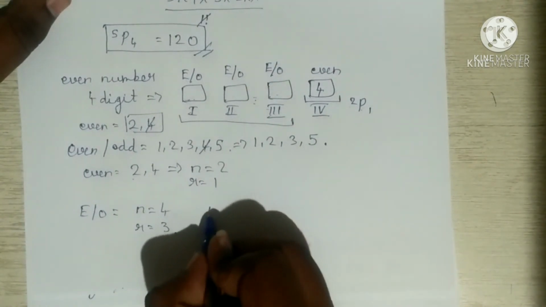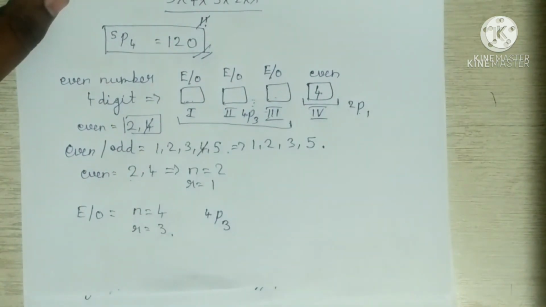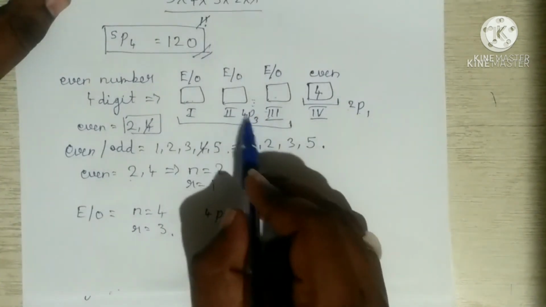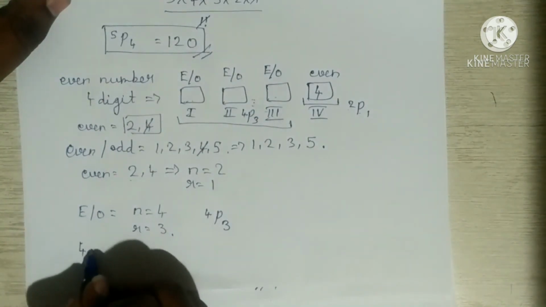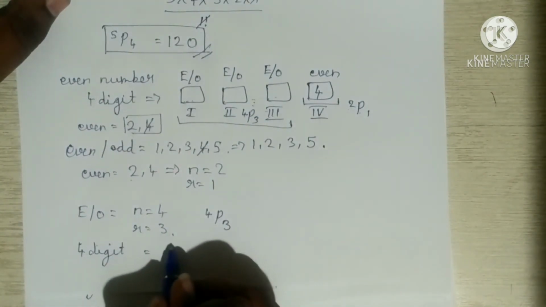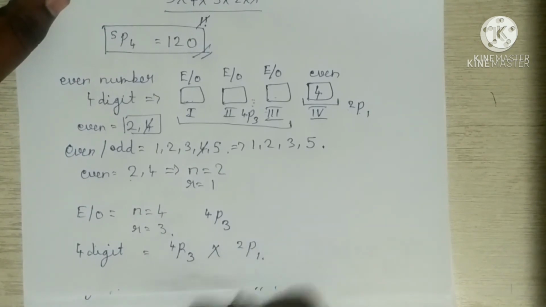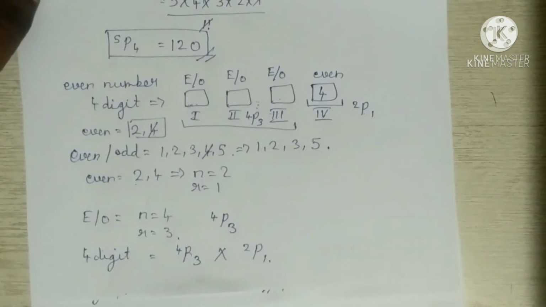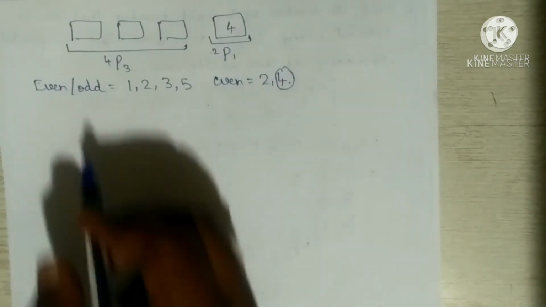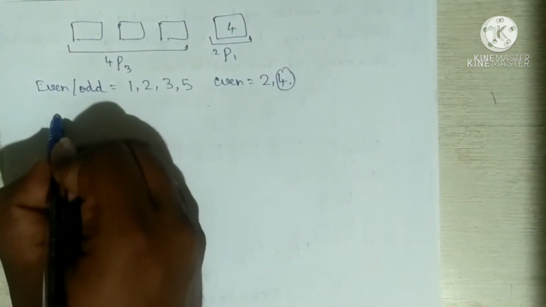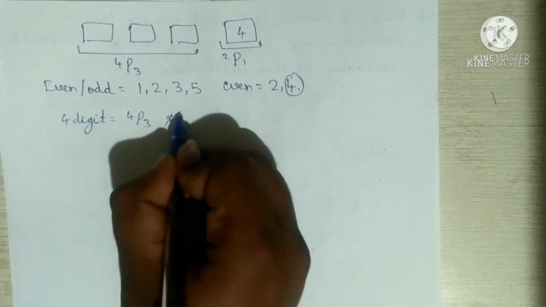So in this, it is 4P3. This is 4P3 into 2P1, and you will get the 4-digit number. The number of 4-digit numbers is equal to 4P3 into 2P1.